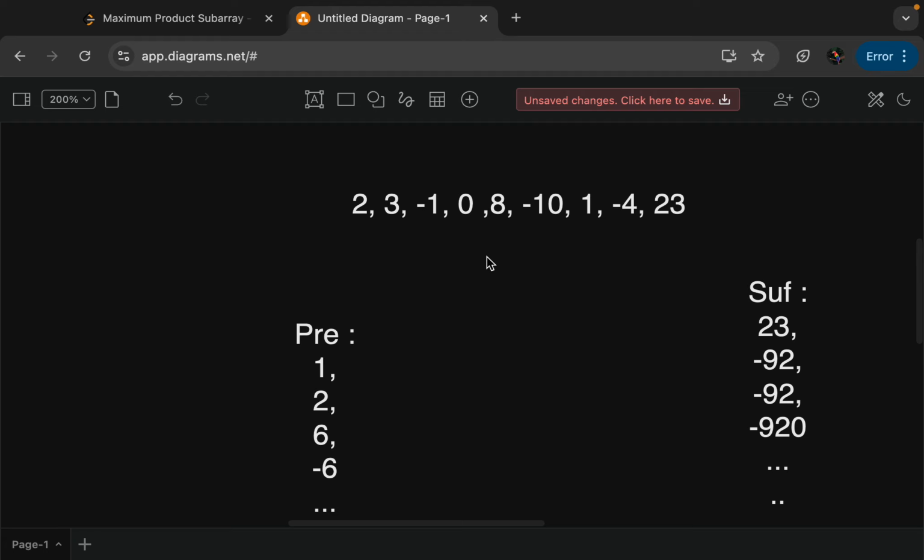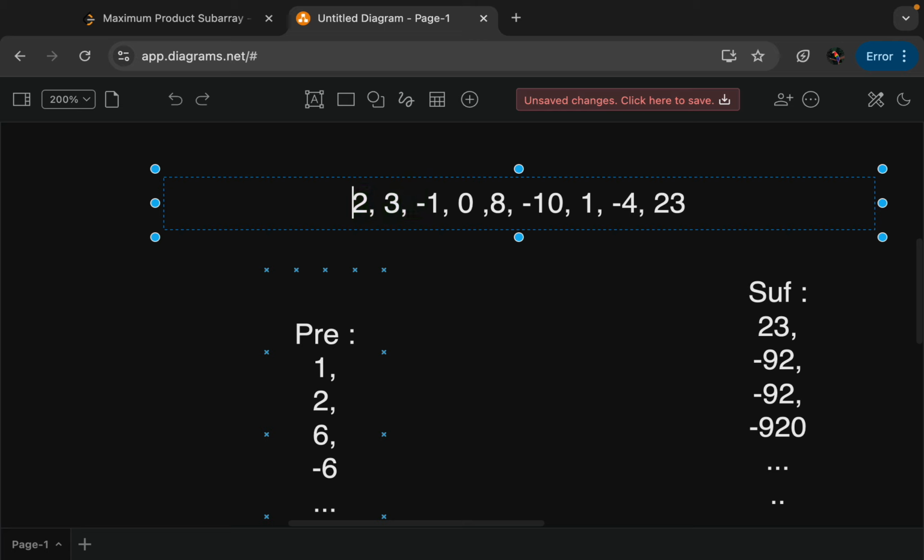So for example, we will initialize prefix and suffix. We will be iterating over the array, and we will try to find the prefix. So prefix here basically becomes the multiplication of elements like this.